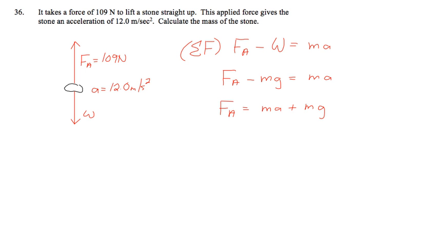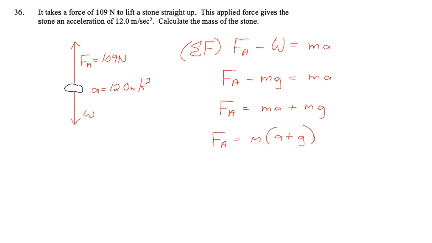And then when the unknown is in more than one term, what do you do? Factor it out. So when we factor out the unknown, we're going to have Fa equals m times a plus g.